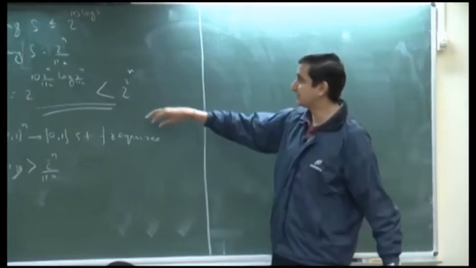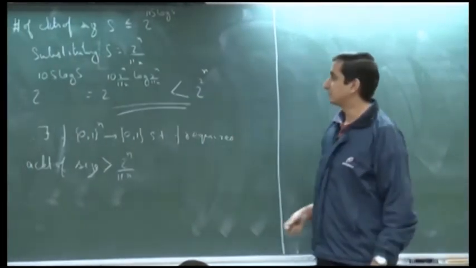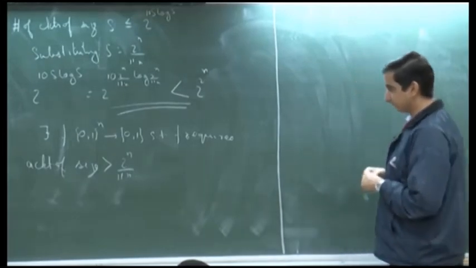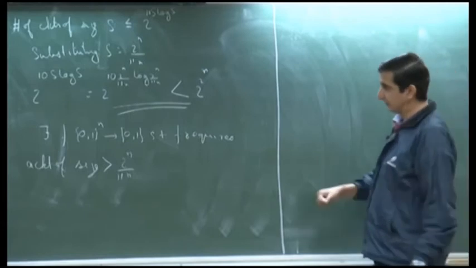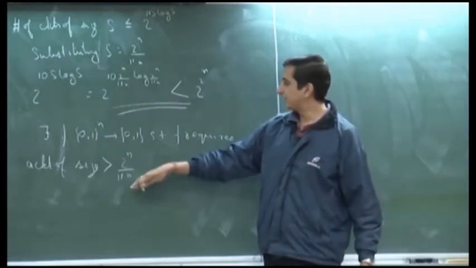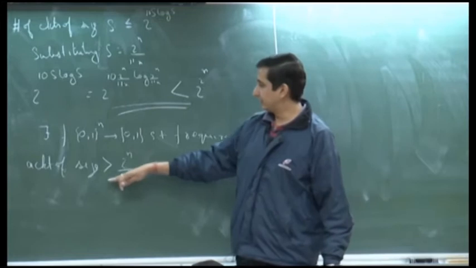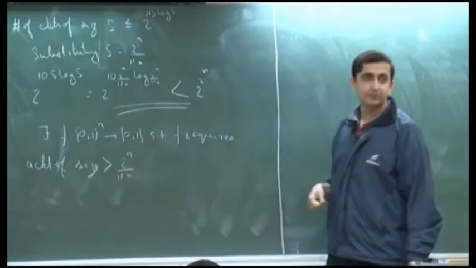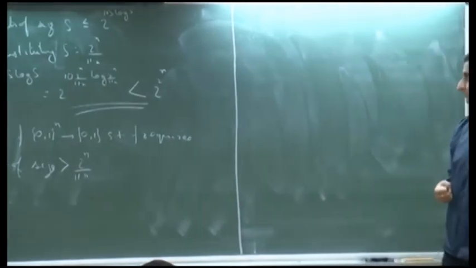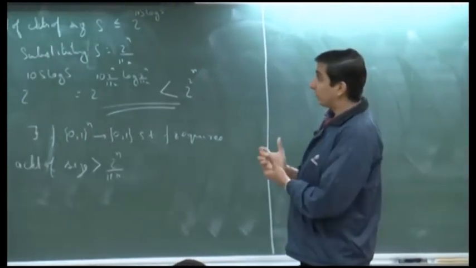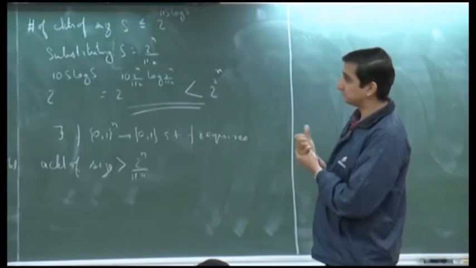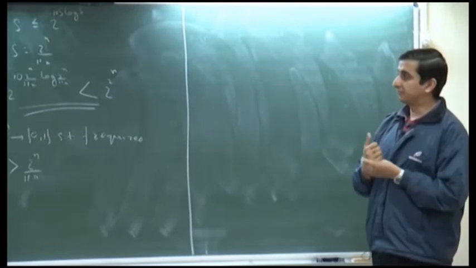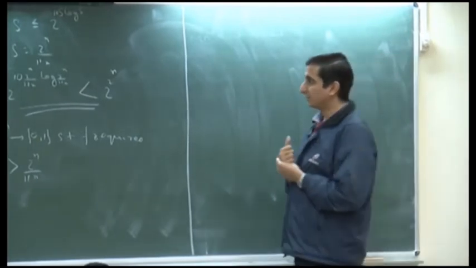So, guys, please check this inequality, okay, because I just worked it out, but there might be a mistake. But the main point here is that there are functions for which we need exponential sized circuits. Okay, so that is a lower bound result, which means that there are difficult functions as well.